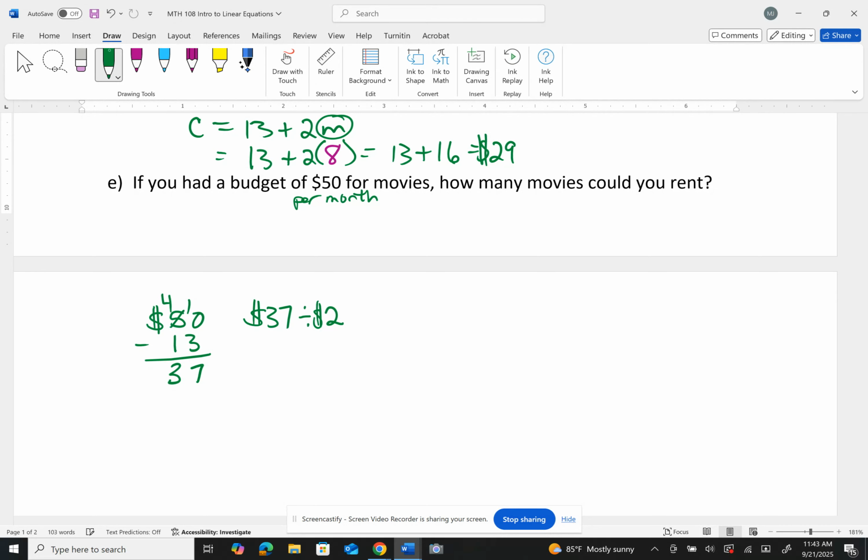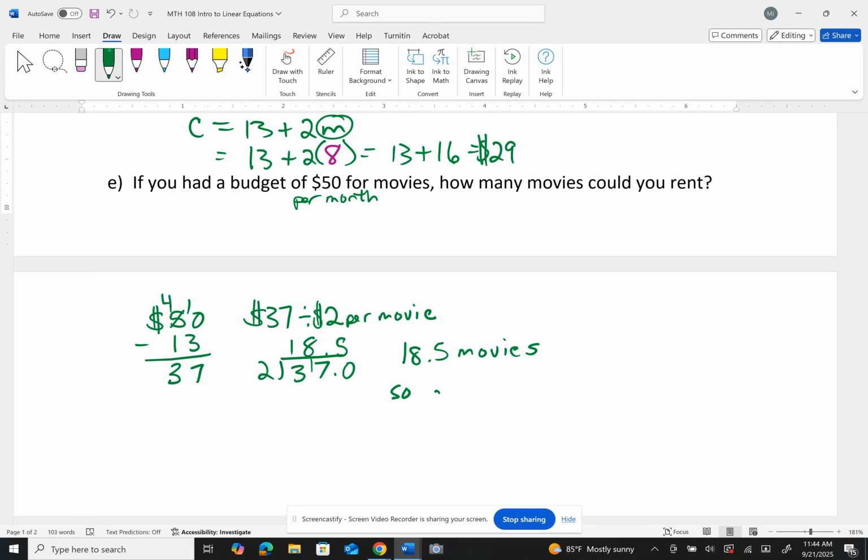If you divide by $2 per movie, okay, when you do that, you can just use a calculator, you wind up getting 18.5 movies, okay?